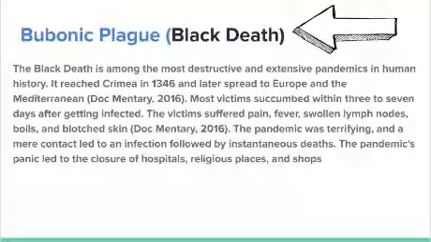The pandemic was terrifying, and mere contact led to an infection, followed by instantaneous deaths. The panic led to the closure of hospitals, religious places, and shops. So this plague was very deadly and very easily communicable from one person to another, making this pandemic wipe out a lot of individuals.